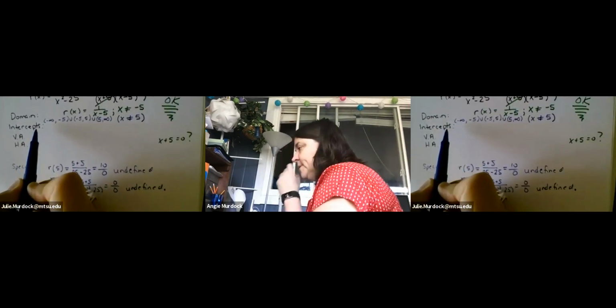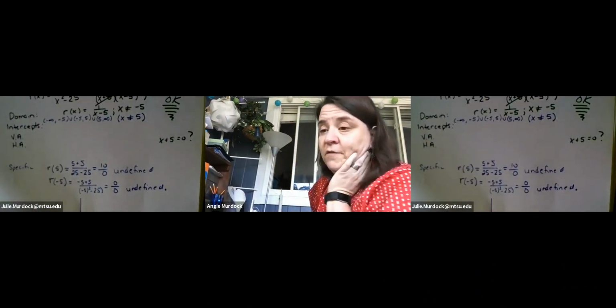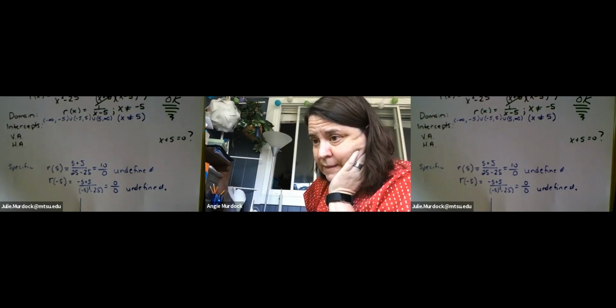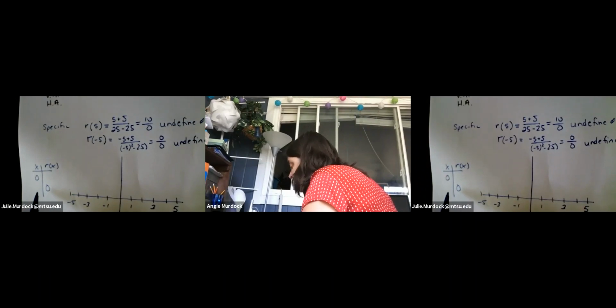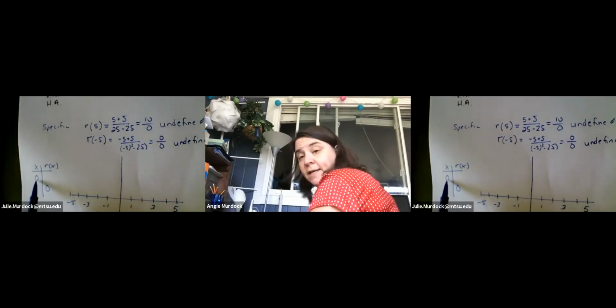So our intercepts will be the intersections with either of the axes. If our curve crosses either axis, that's called an intercept. Now I just kind of think to myself tabularly, can I plug in 0 for R?